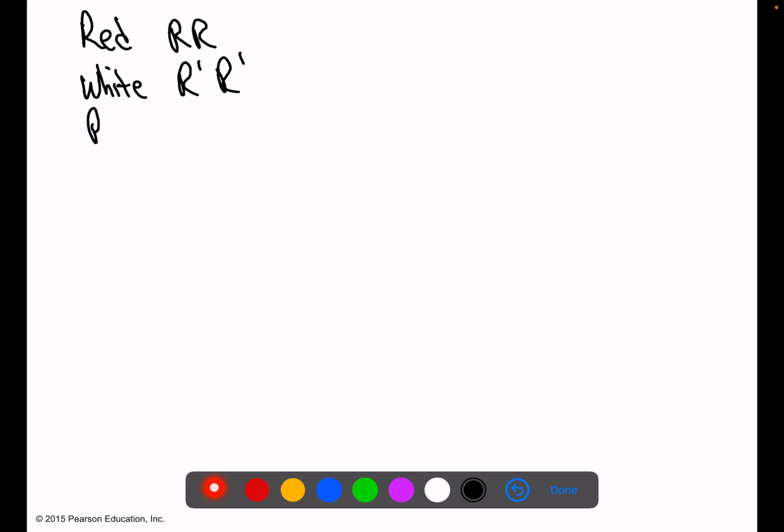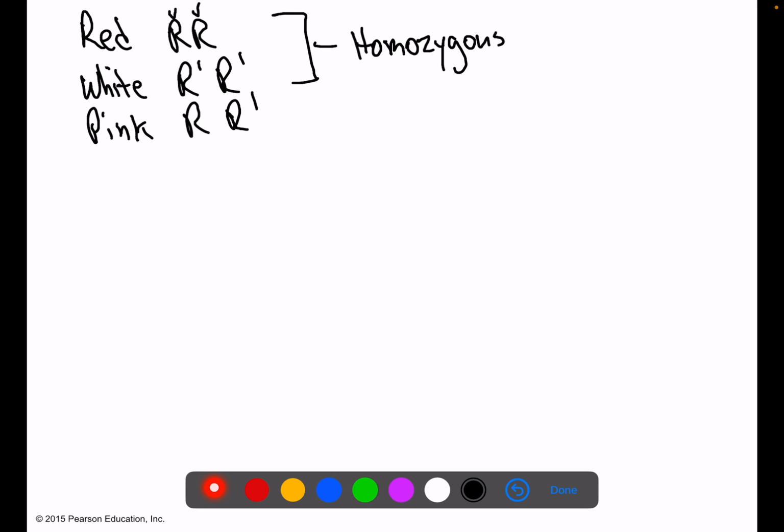And finally, if you were pink, you'd be R, R prime. So notice that these two would be considered homozygous, right? They have two of the same alleles, big R, big R, and R prime, R prime. And this is the only one that's heterozygous, right?